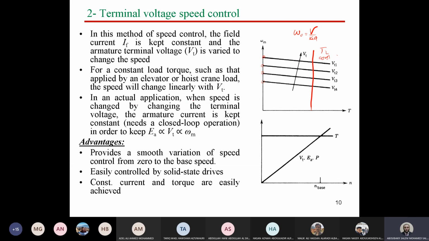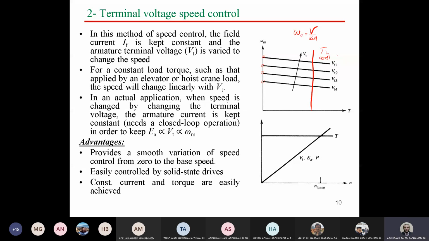In an actual application, when the speed is changed by changing the terminal voltage, the armature current is kept constant. So we need to keep the armature current constant in order to achieve a certain torque for the machine.